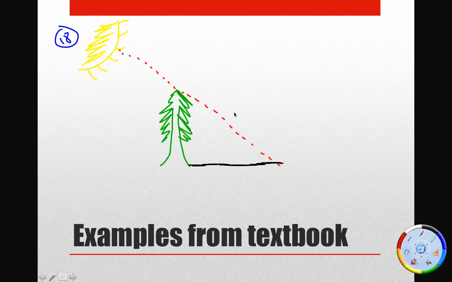But since it's an angle of elevation, the angle of elevation is still right here, even though the angle of elevation is for the sun. People think the angle goes up here for some reason. The angle of elevation is 33. The side is 125 feet. And you want to know how tall the tree is.